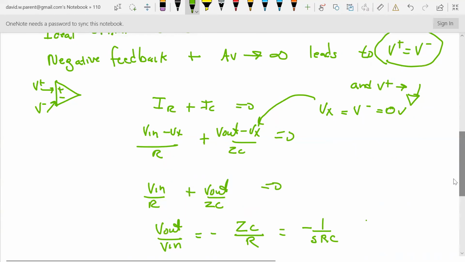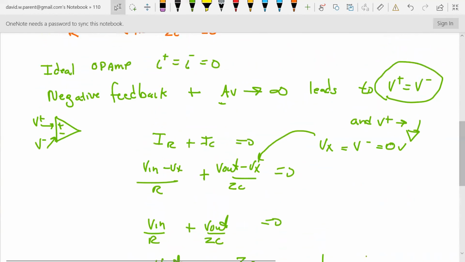The integrating function. And for the homework we're doing right now, these kind of bulleted comments are all that you need.